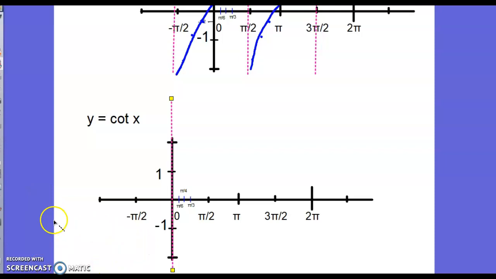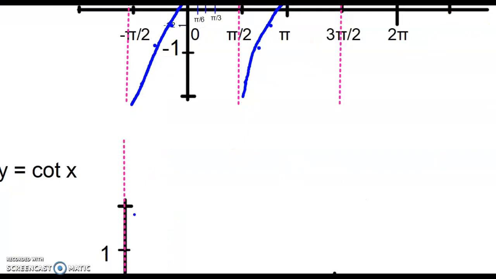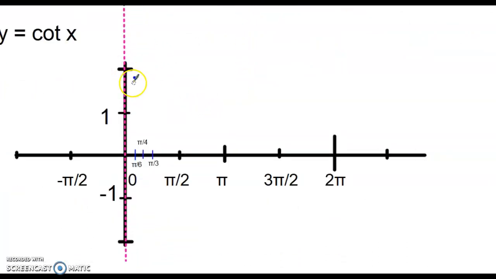So the cotangent of 30 degrees is 1.7. That's going to be right about there. And let me make that a little bit bigger. Okay, that's good. So that's going to be like right about there.